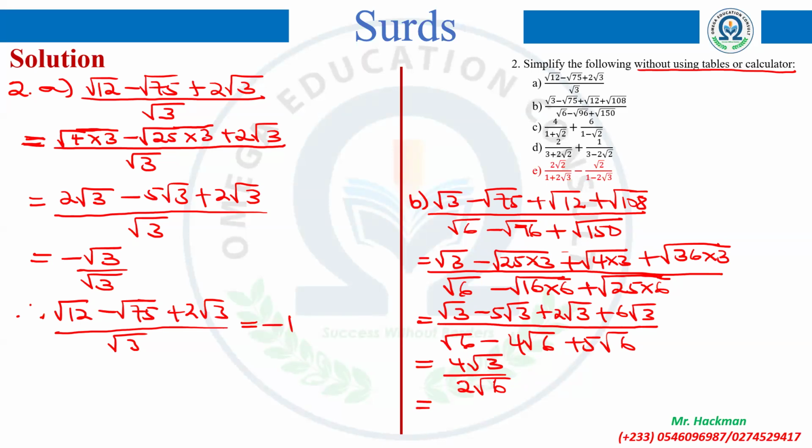I know that non-radicals can reduce, so this gives me 2 root 3 over root of 6. At this point you can't reduce this one, so you go and rationalize: write it again and multiply both the numerator and the denominator by root of 6. You get it, and you continue from there. Is my point well made?